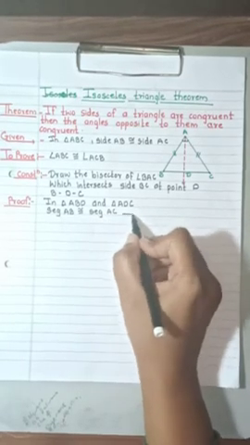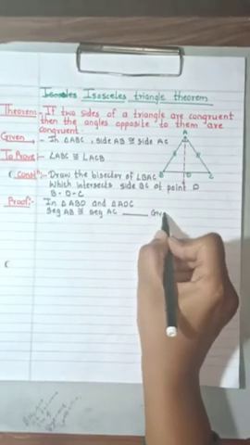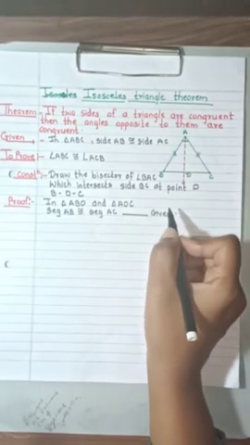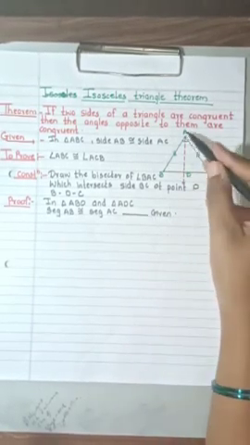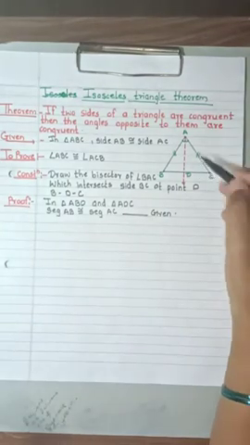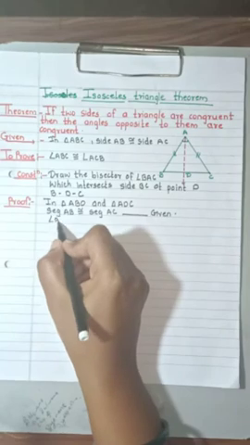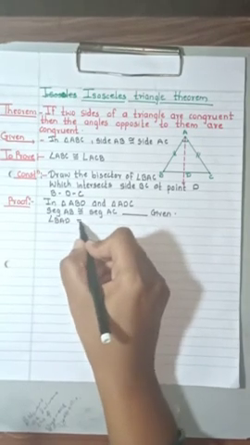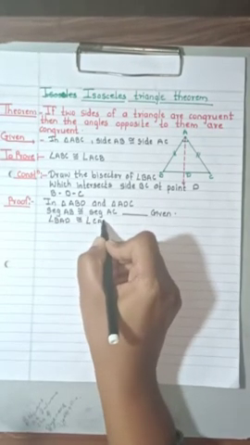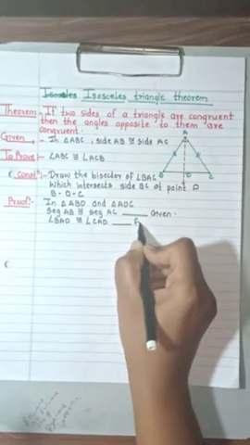This is given to you. Now you can see angle BAD is congruent to angle CAD. That is from construction. Write down here, from construction.